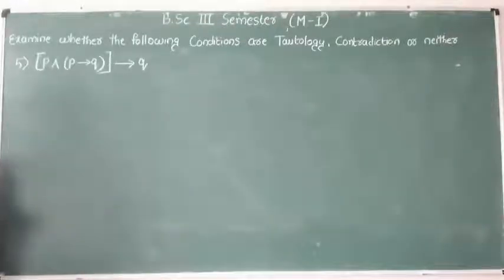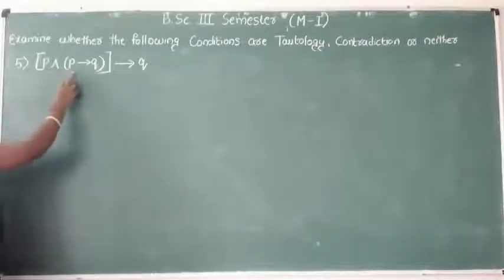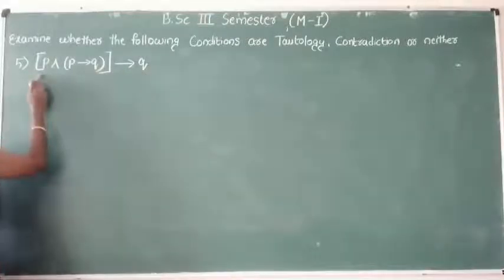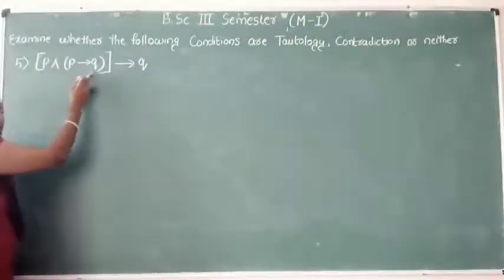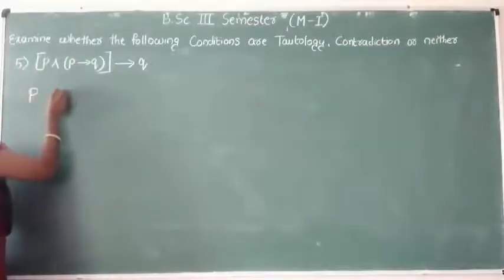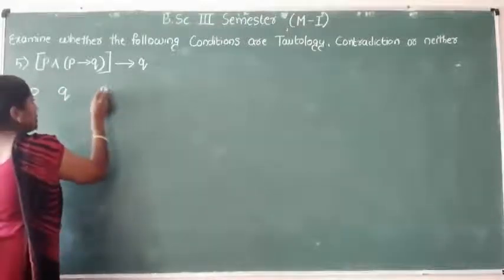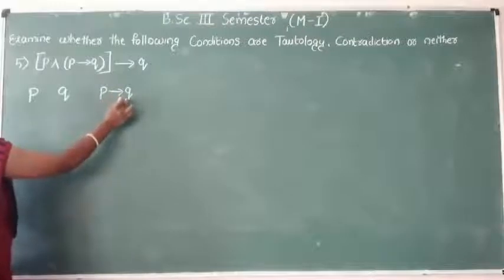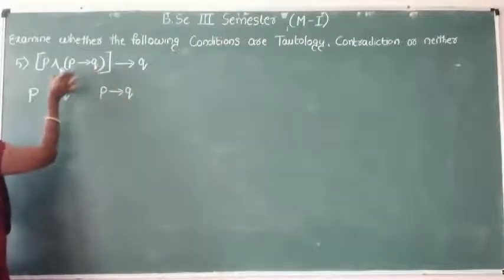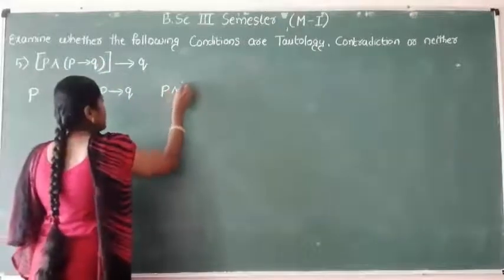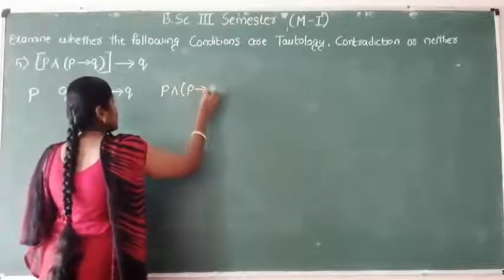Let us solve another example on tautology and contradiction, that is P and (P implies Q), that whole implies Q. So write this one: P, Q, P implies Q. First I have to solve P implies Q. After that, again I have to put P and (P implies Q).